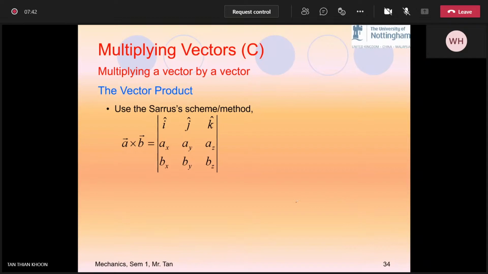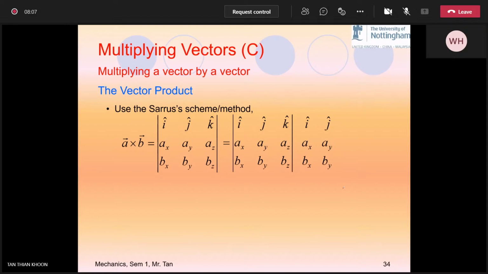And there is an additional column we need to add in so that we can calculate it in the simplest way, which is probably easy for you. We need to write it in this way, right?